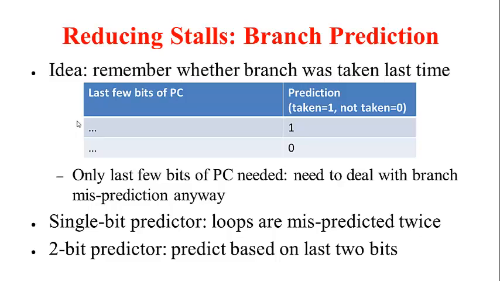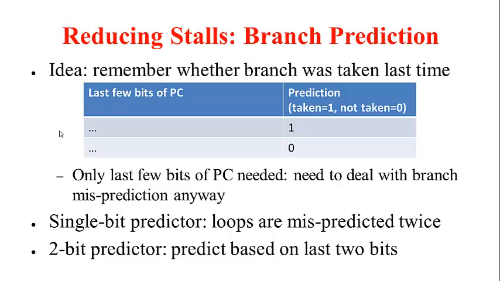So we remember whether or not the branch was taken the last time and use that as a prediction for the current execution of the branch. To implement this, there is essentially a table in the hardware. The first column in the table identifies the PC location corresponding to the branch instruction, and the second column in the table is the prediction corresponding to that branch instruction.